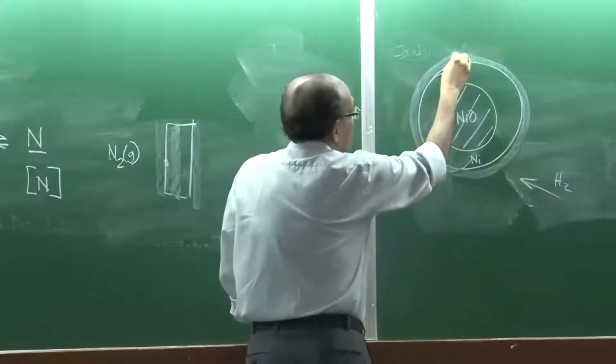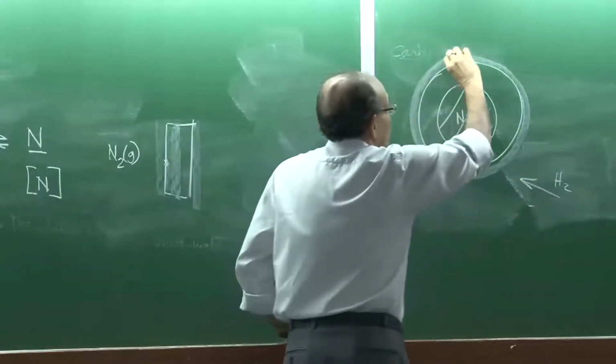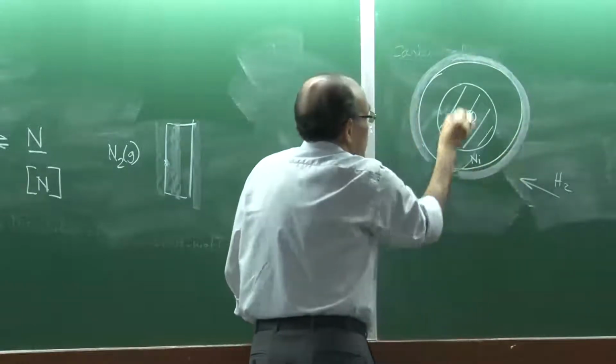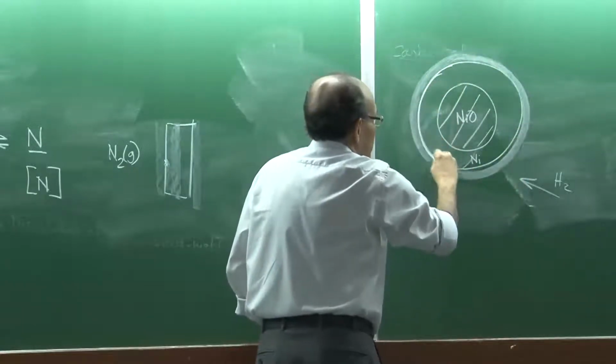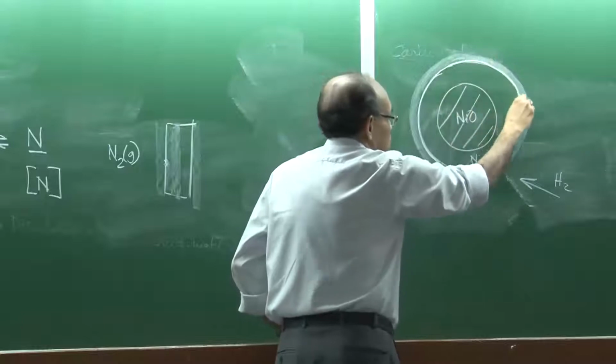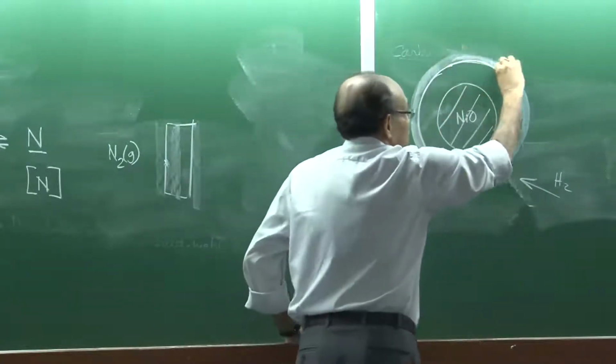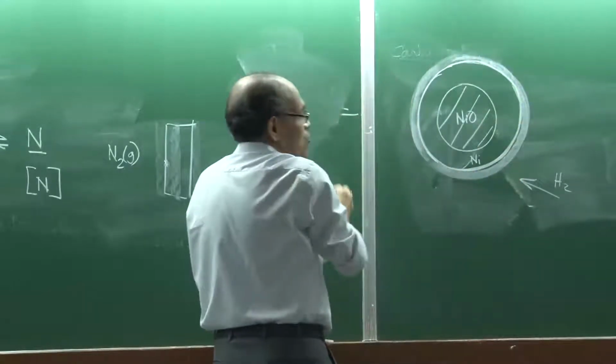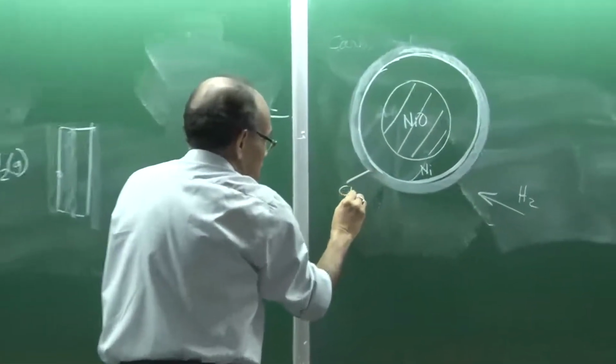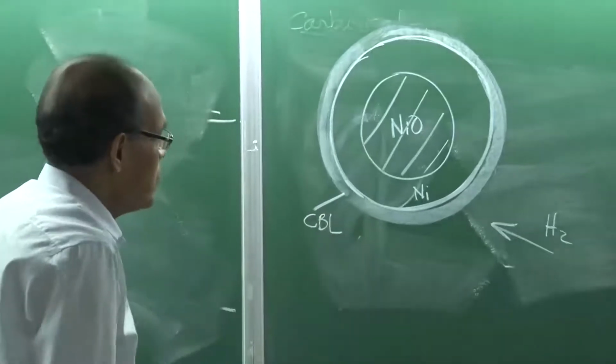This is the part which I have drawn, this is the solid, initial solid. That's what is this contour. This is what is the gas boundary layer, or the concentration boundary layer, I would say, CBL, concentration boundary layer.